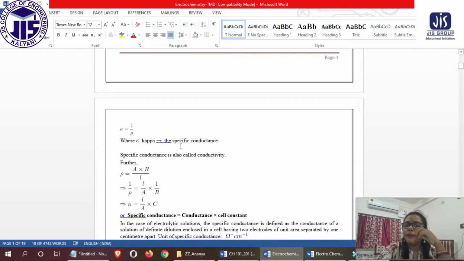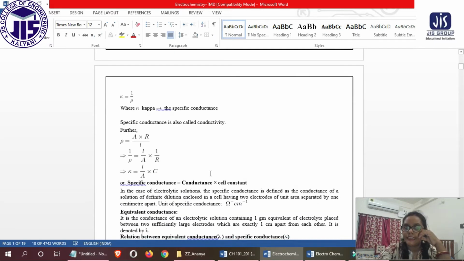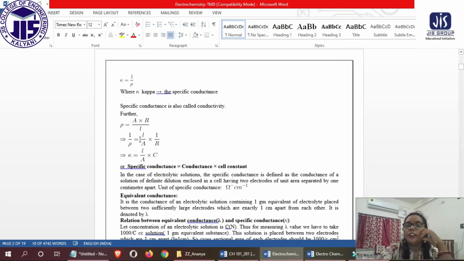Specific conductance is also called conductivity. Here rho equals A into R by L, so 1 by rho equals L by A into 1 by R. So kappa equals L by A into C, or specific conductance equals conductance into cell constant.